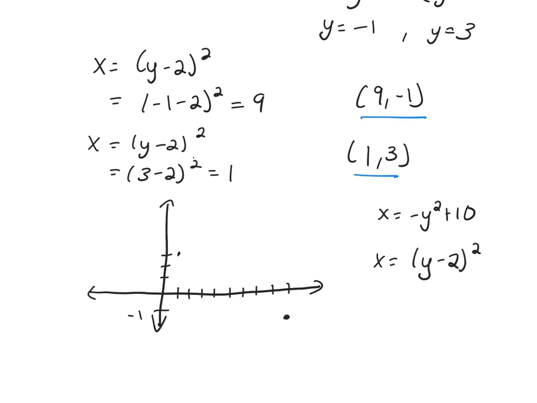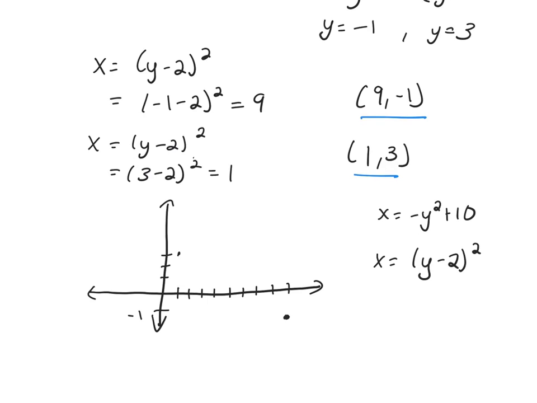If this said y equals negative x squared plus 10, I would know it's a parabola. The minus tells me it's facing down. These are still parabolas. They're just facing left and right now. In this case, because there's a minus, it's going to open to the left.